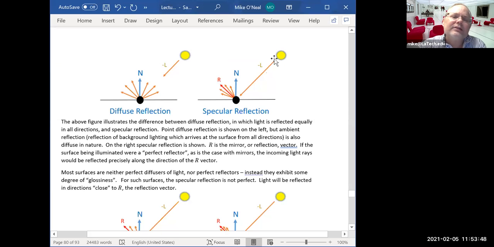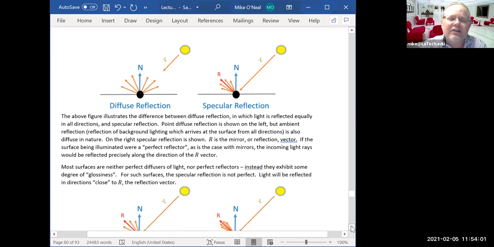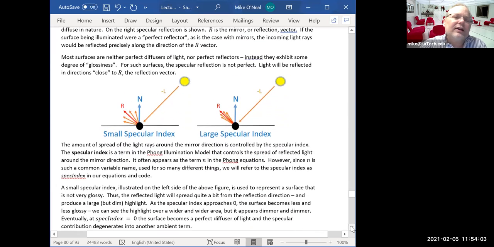So in specular reflectivity, you've got the light coming in, the lighting vector pointing out, whichever way you want to think about it, and you've got a mirror direction, a reflection direction. What happens with specular reflection is the light comes in and it bounces off towards a mirror direction.